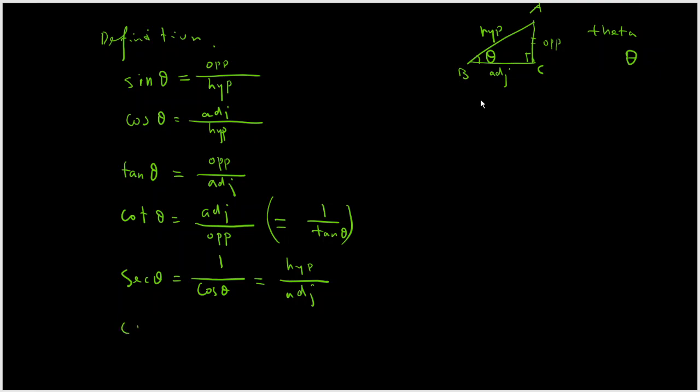One more, cosecant of theta, is equal to 1 over sine of theta, which is hypotenuse on top and opposite on the denominator.